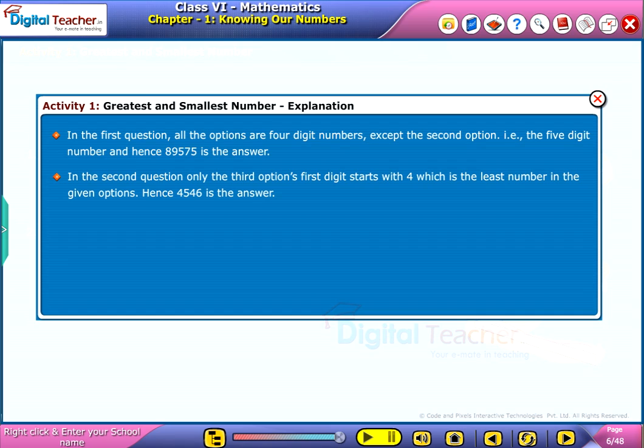In the second question, only the third option's first digit starts with 4, which is the least number in the given options. Hence, 4546 is the answer.